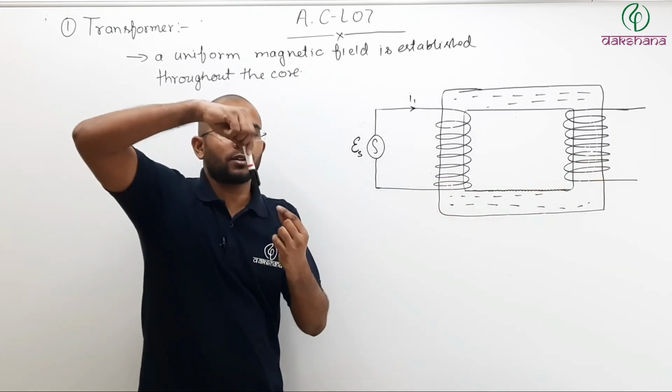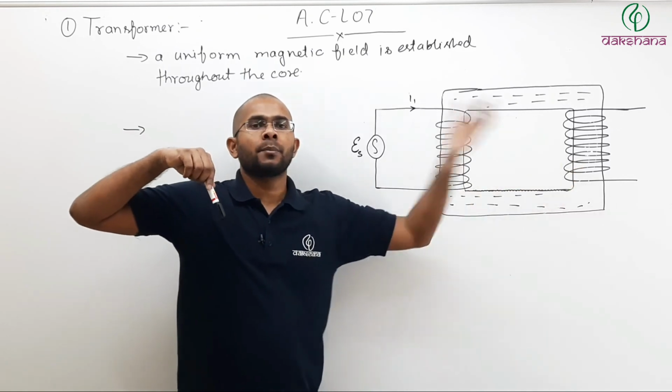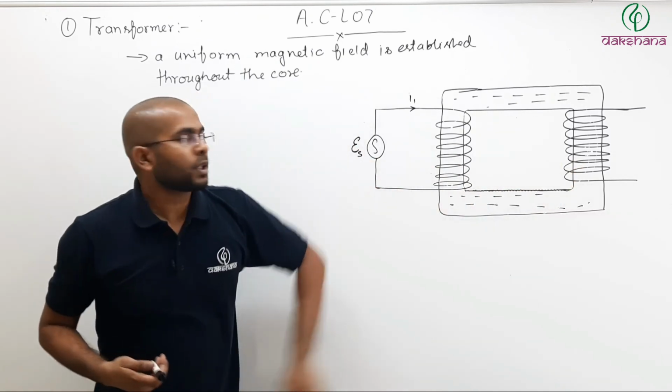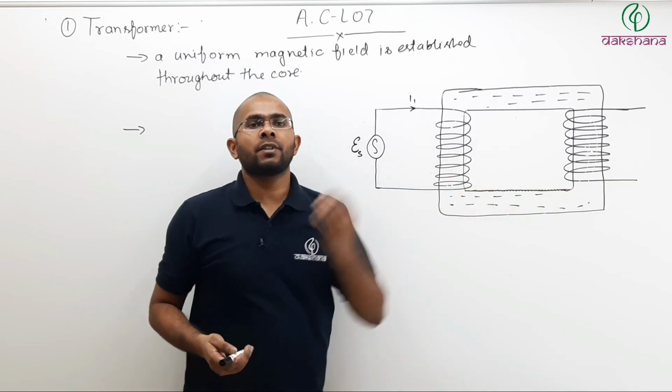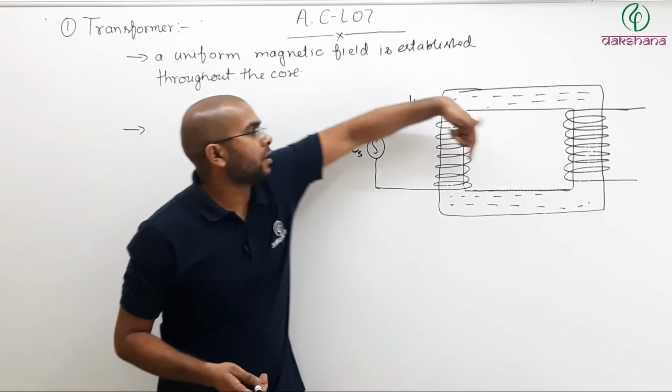It does not matter which turn you take in primary or secondary, the magnetic flux will be the same, because the field is the same everywhere and the area of one turn is the same in both.